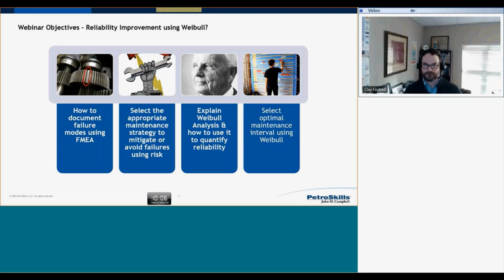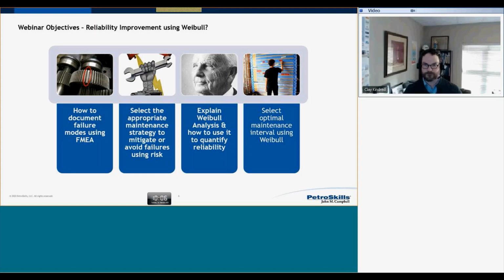But Excel is a very powerful tool for this, and there is Weibull built in to Excel. Now, I don't know how many of you guys have tried to use the Weibull function in Excel, but if you're not familiar with it, it can be a little bit daunting. But I'll show you how to use it, and I'll show you some little tricks and tips.